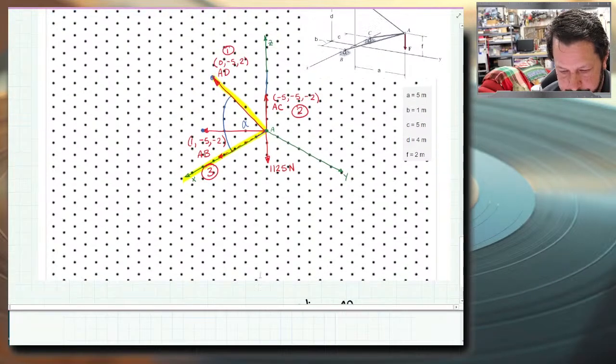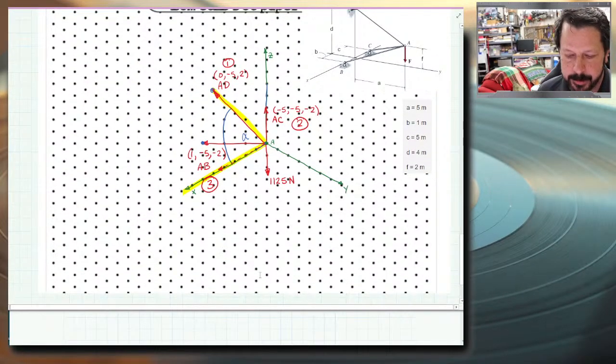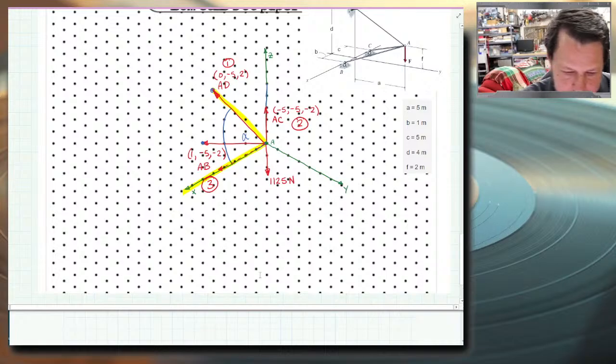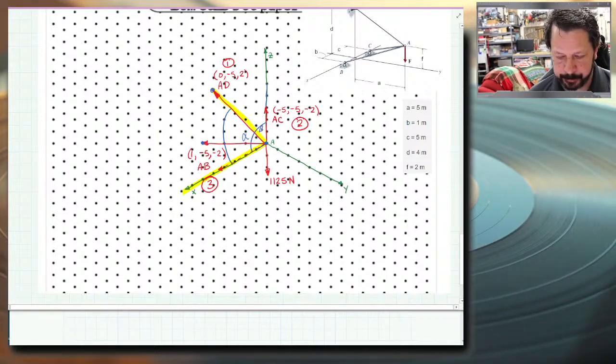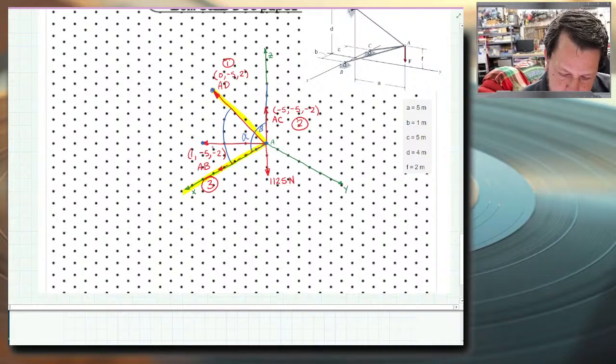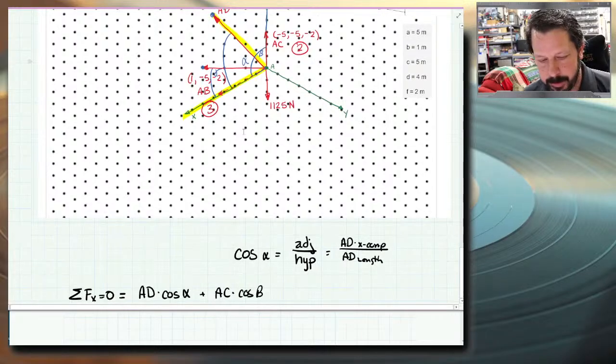It's the angle between AC and the x-axis, so that's beta, and then the angle between AB and the x-axis, we'll do that one as gamma. So we'll just write this one with alpha, beta, gamma.